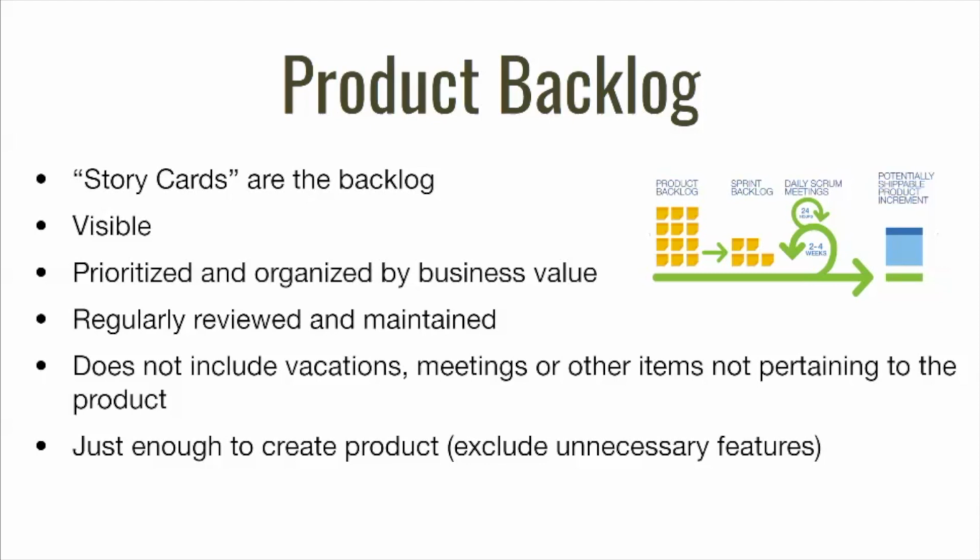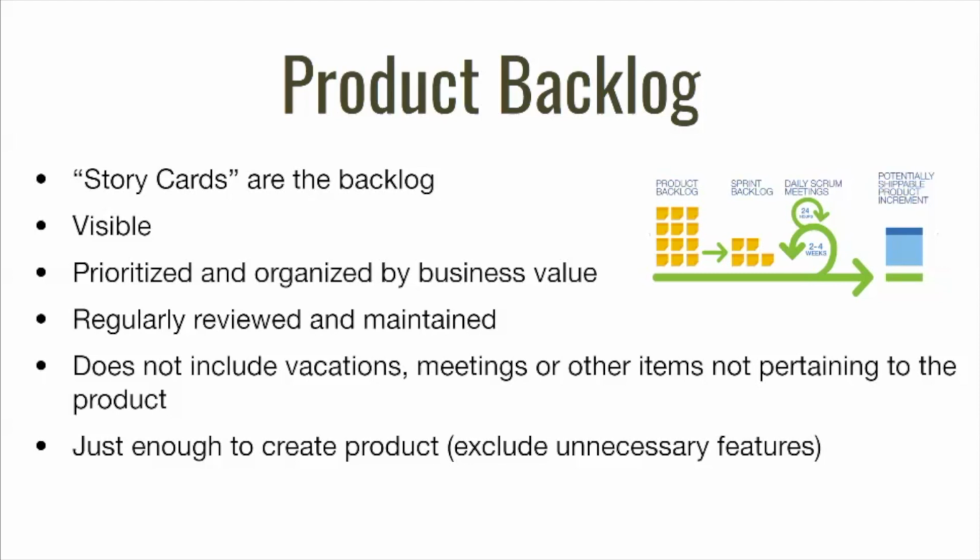The product backlog items, or the story cards, are made visible somewhere. If you've got the ability to make them visible on site, that's great, but they can be made visible or accessible in many different ways, whether digital or non-digital. We want them prioritized and organized by business value. We're going to talk about that a little bit later as well.